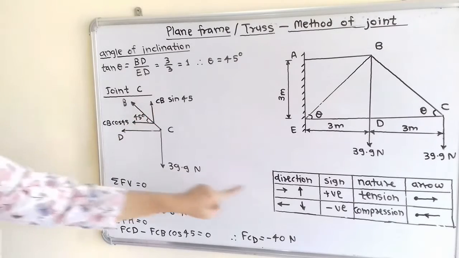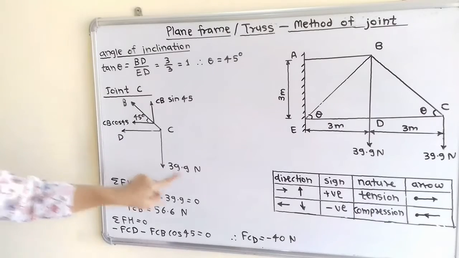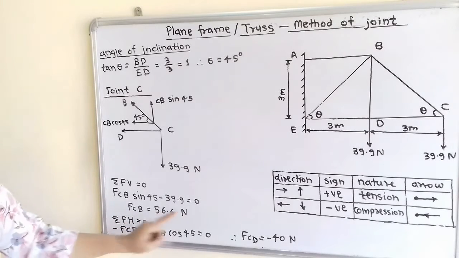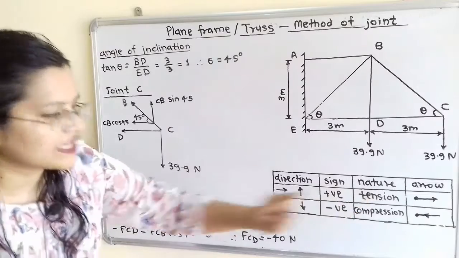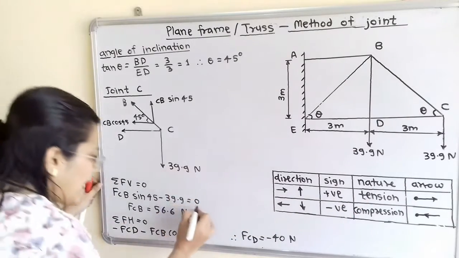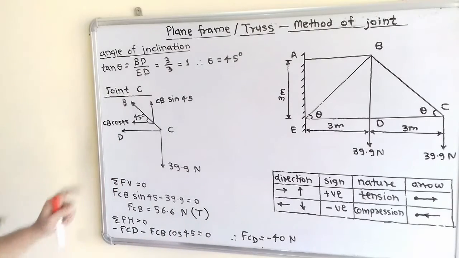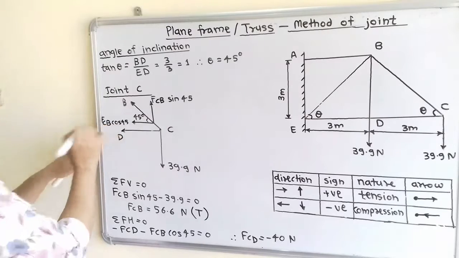It is upward direction, so use a positive sign. It is downward direction, so use a negative sign. When we solve this, we get FCB equal to 56.6 Newton. This is positive, so for a positive answer, the nature is tension. So we have to mention T for tension in brackets. So here this force we will call FCB, and here also FCB.